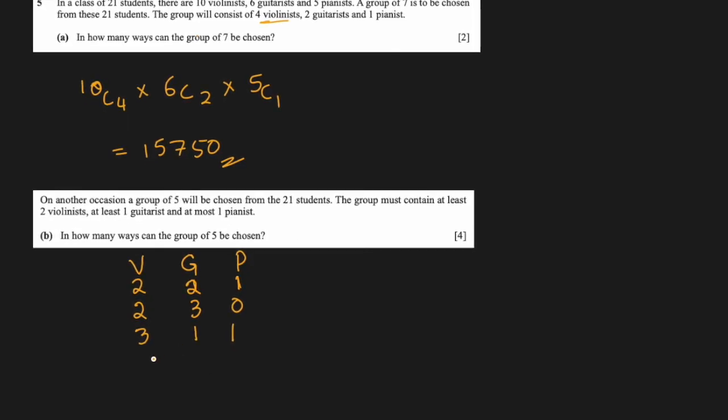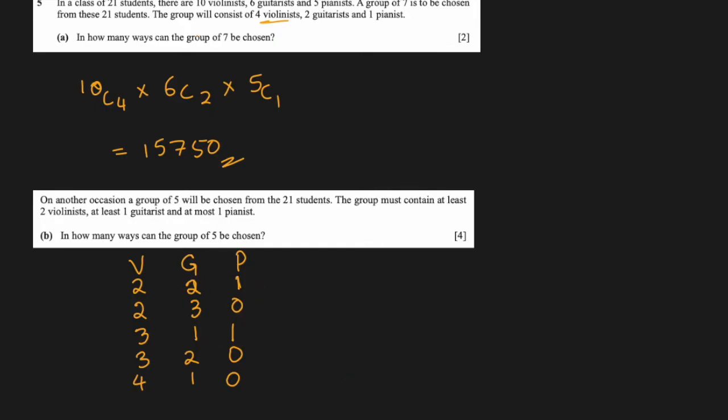Again we will increase the guitarist to 2. So 3, 2 and 0. Right? Okay. And we'll have to go to 4 then. 4 violinists. We have 10 of them, so 4 is possible. 1 guitarist and none of them. So 4 plus 1, 5. We can't have one of this, otherwise it will become 6. So 5 possibilities are there.